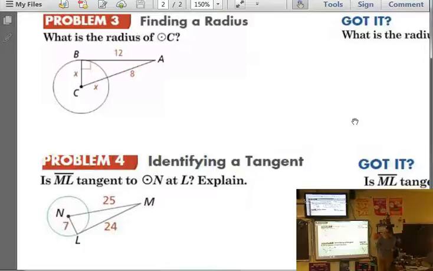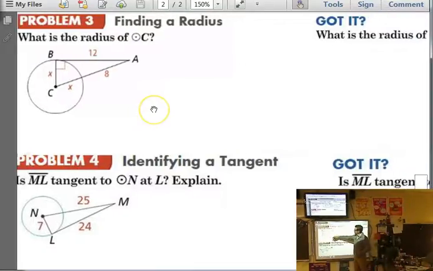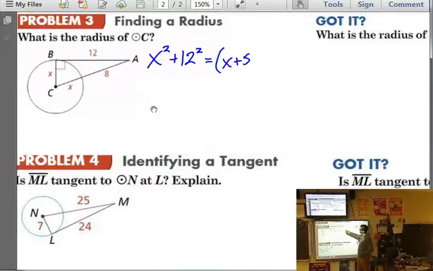But x is involved in the leg and the hypotenuse. So if I try to do what we've been doing, I would end up with x squared plus 12 squared equals x plus 8 squared.